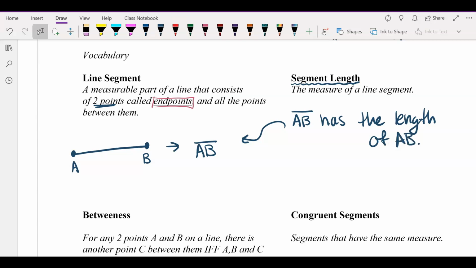Well, wait a second. That's kind of confusing. But if you think about it, I did 2 things different here. I have here AB with a bar on top. This is talking about the picture. When you have AB or 2 letters representing a segment with nothing above it, that is going to represent the size.